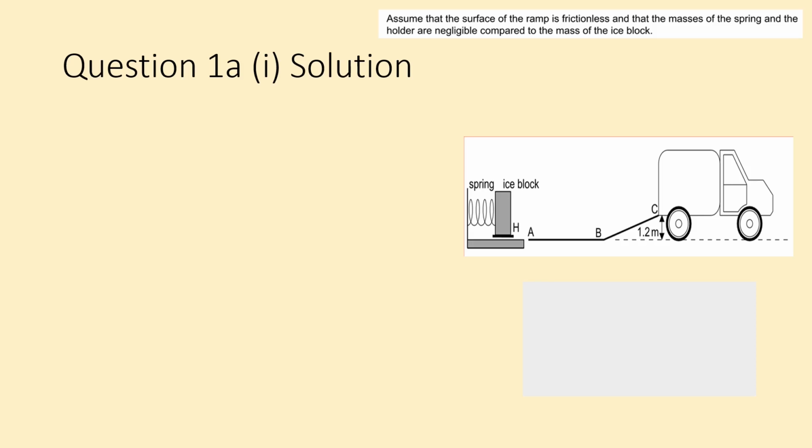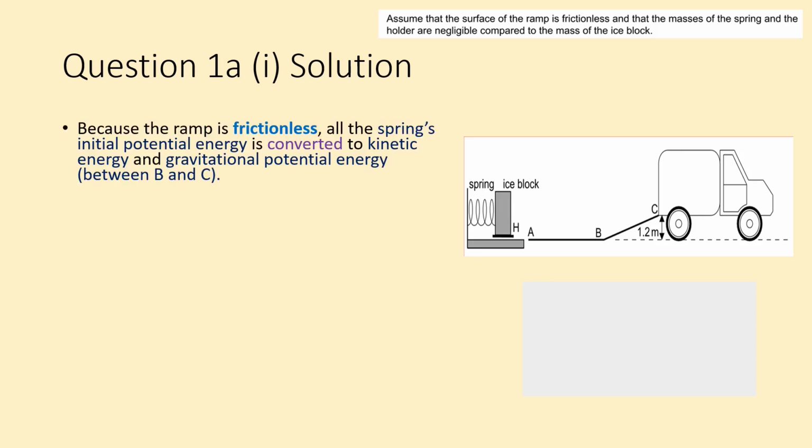Okay, so we know that once the block is released, it moves along the ramp, specifically first along the section AB and then onto the second section BC. And because that ramp is frictionless, all the spring's initial potential energy is converted to both kinetic and gravitational potential energy.